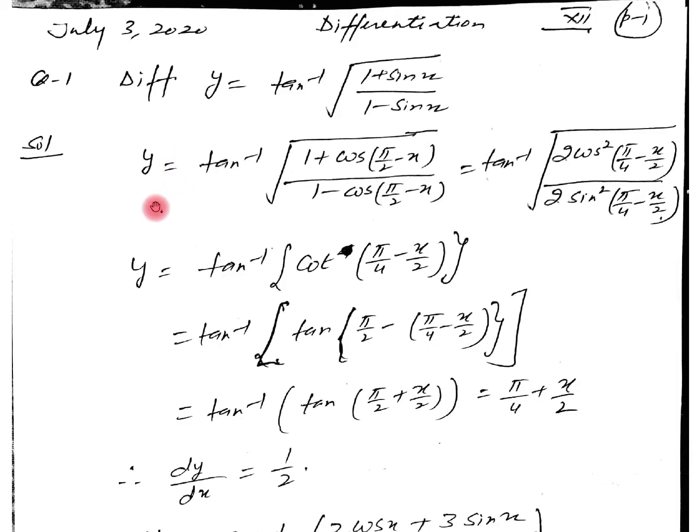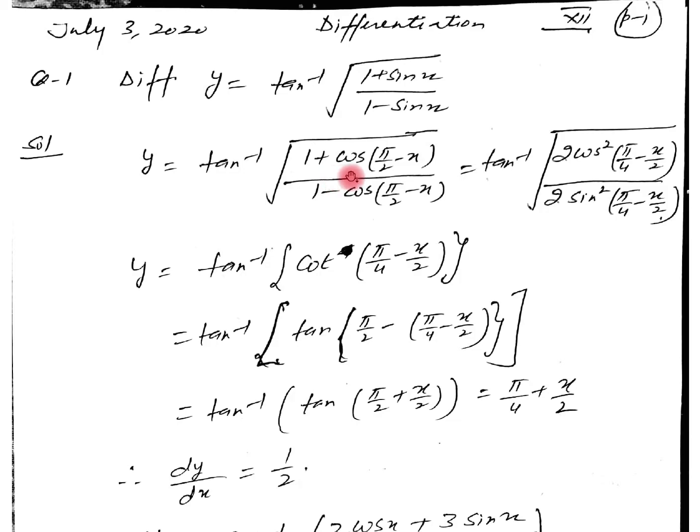Now y can be written as y equal to tan inverse under root 1 plus sin x. Sin x can be written as cos(pi by 2 minus x). Similarly, in the denominator, this sin x again can be written as cos(pi by 2 minus x). So, we can easily use the result of 1 plus cos theta and 1 minus cos theta.